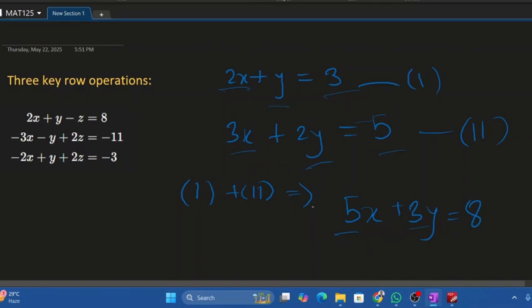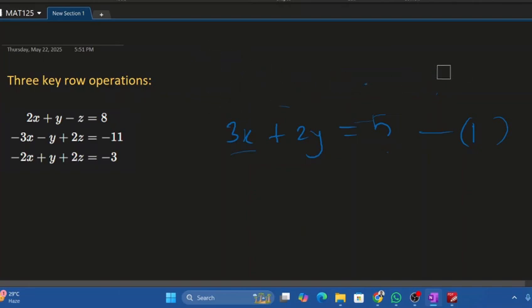Then we can also, if we say that this is not equation 1, this is equation 2, and this is equation 1. We want to remove this 2x plus y equals 3, and write it under the other one. Does it make any difference? No, because this is the same.